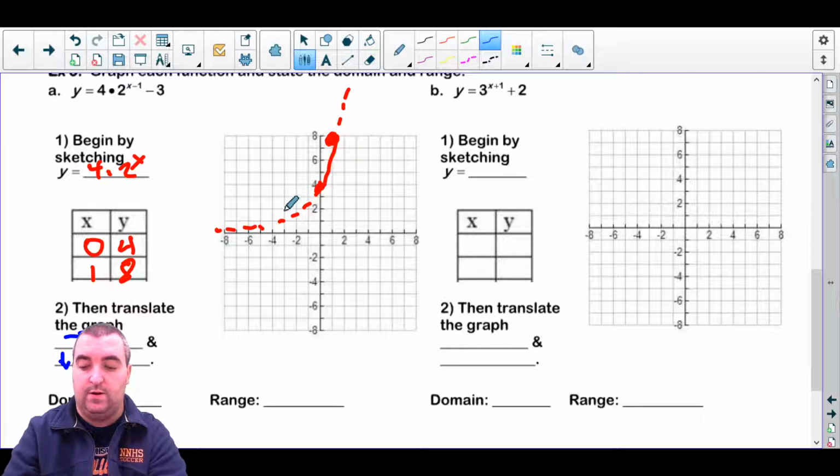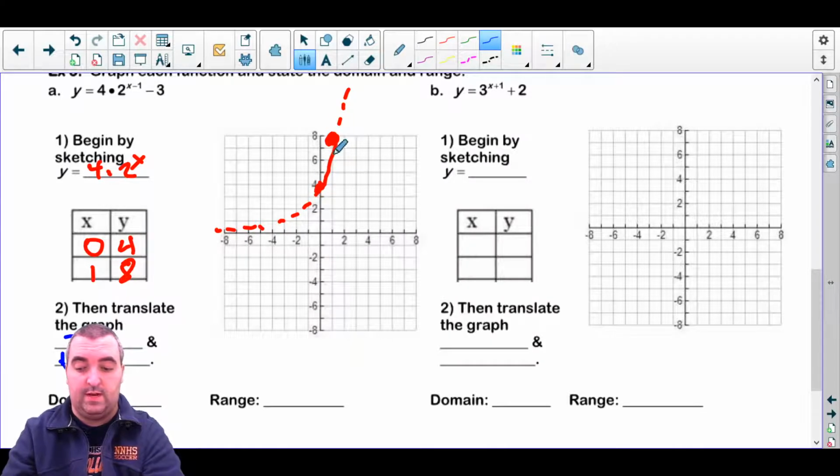Okay, so what I'm going to do is take the points that I plotted, move them right 1, down 3, put my new coordinate point there. Let's see, there we go. Do the same thing with this one, right 1, down 3, 1, 2, 3. Now I also move the horizontal asymptote.